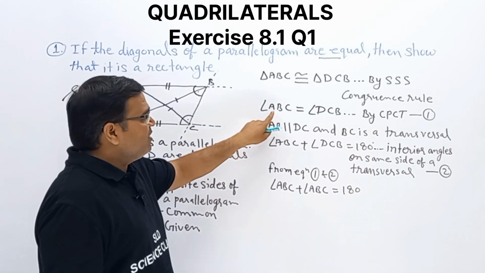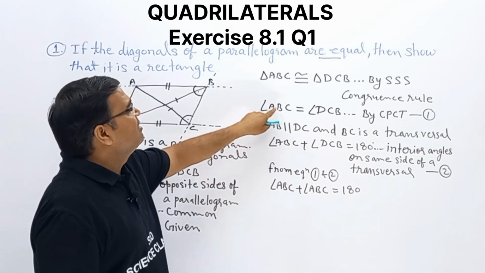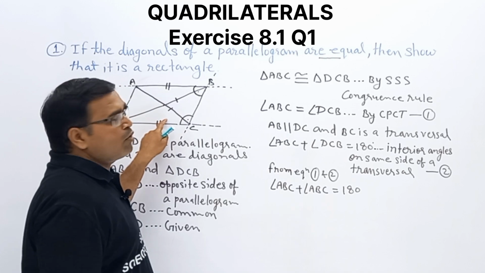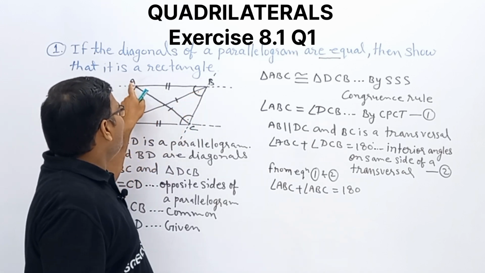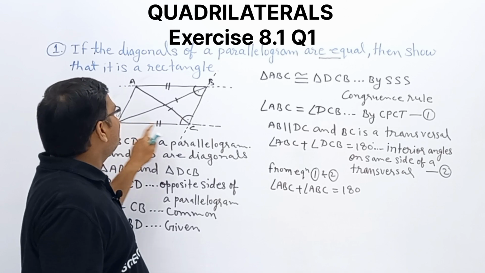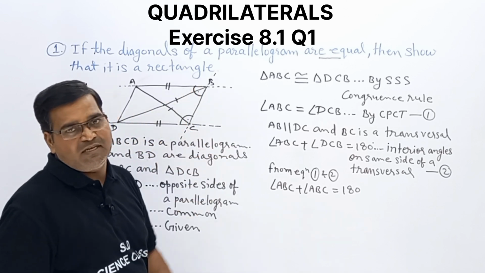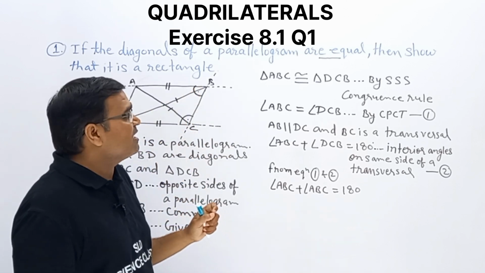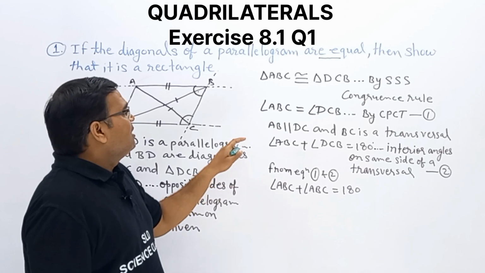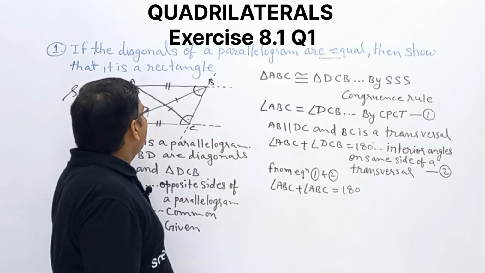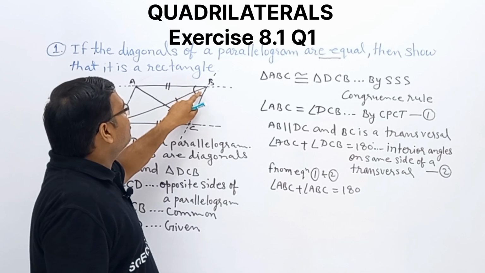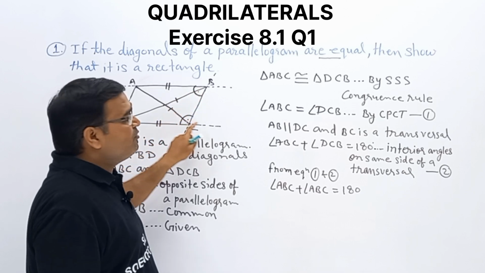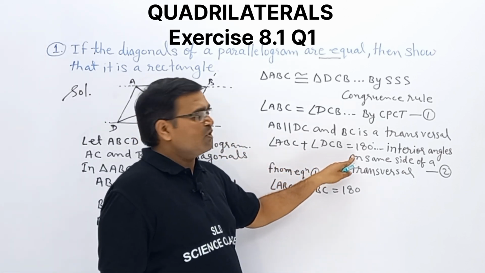We know, we verified both triangles are congruent. It means this angle equal to this one. Angle ABC equal to angle DCB. Why? Because CPCT, corresponding parts of congruent triangles, will be equal. Now these two are parallel lines and one transversal, and interior angles on the same side of a transversal sum will be what? 180 degree.